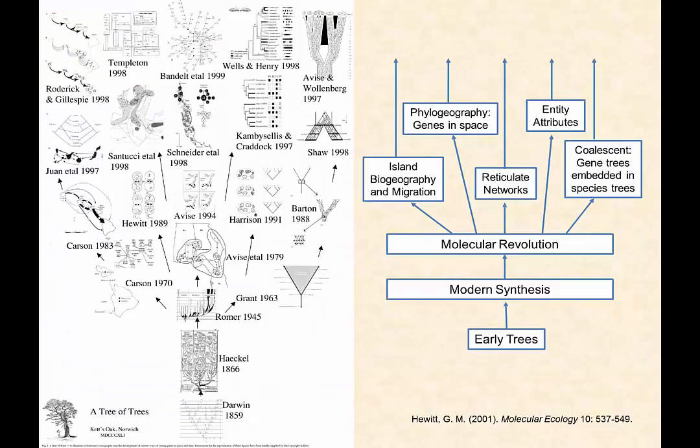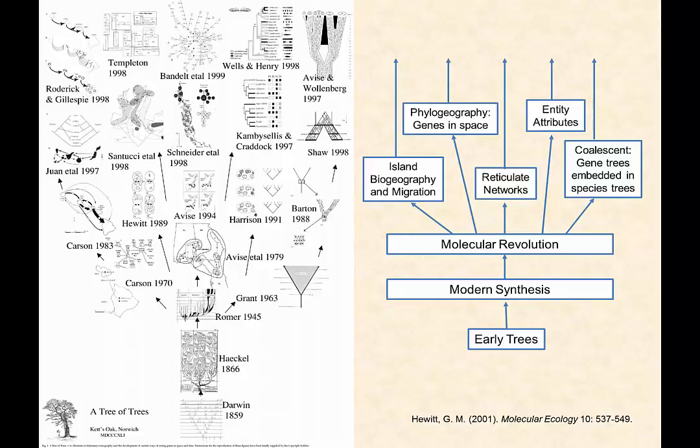Since Darwin's diagram in 1859, there's this paper from Godfrey Hewitt of the University of East Anglia, where he traced the development of the iconography, the graphics that we use to represent and describe evolutionary patterns, from Darwin's first tree up till, in this case, the beginning of the millennium.